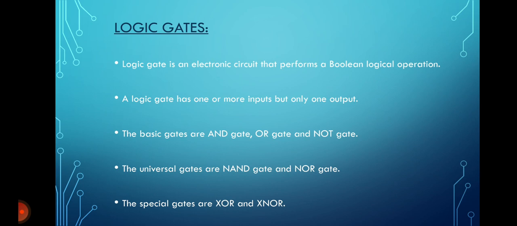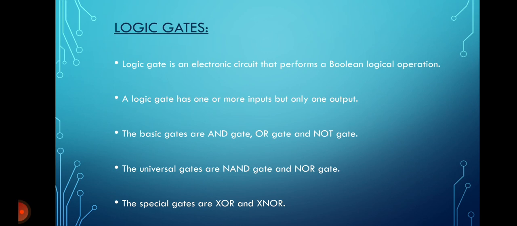Based on this logic, the gates are named NOT gate, AND gate, OR gate, NAND gate and NOR gate. In this, we use only the binary numbers, that is 0 and 1. It is called binary algebra or logical algebra.